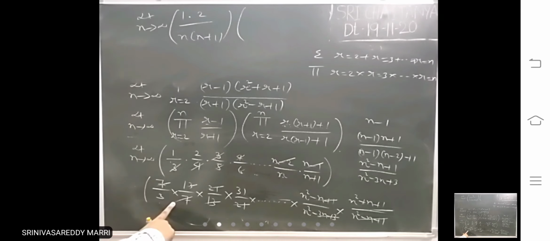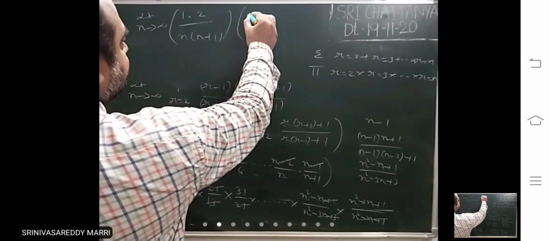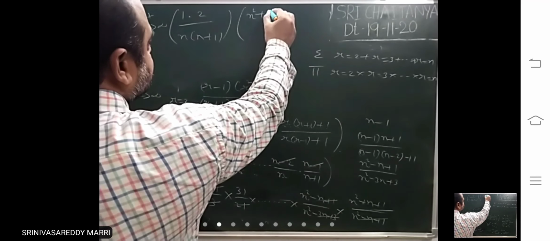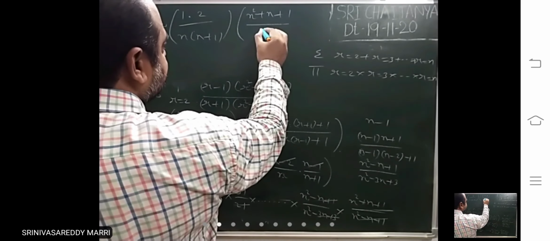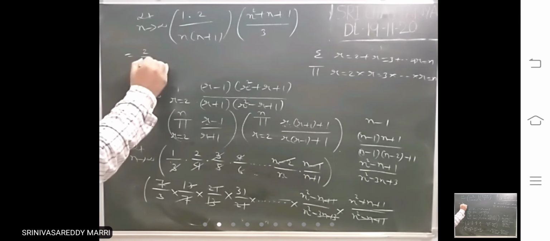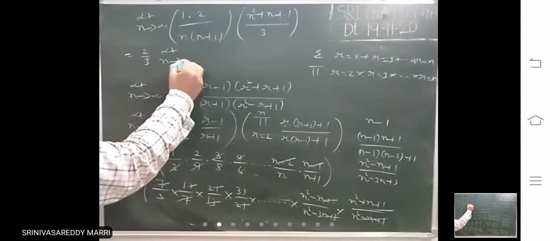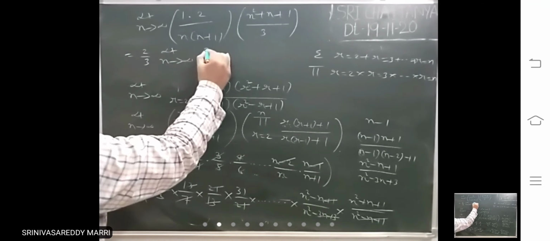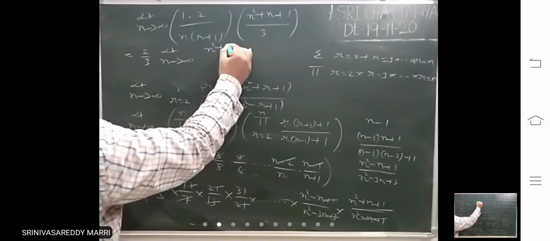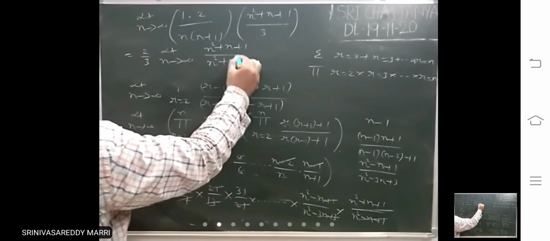In the second bracket, n square plus n plus 1 divided by 3. Right? So therefore 2 by 3 into limit n tends to infinity, what you are getting? N square plus n plus 1 divided by n square plus n.